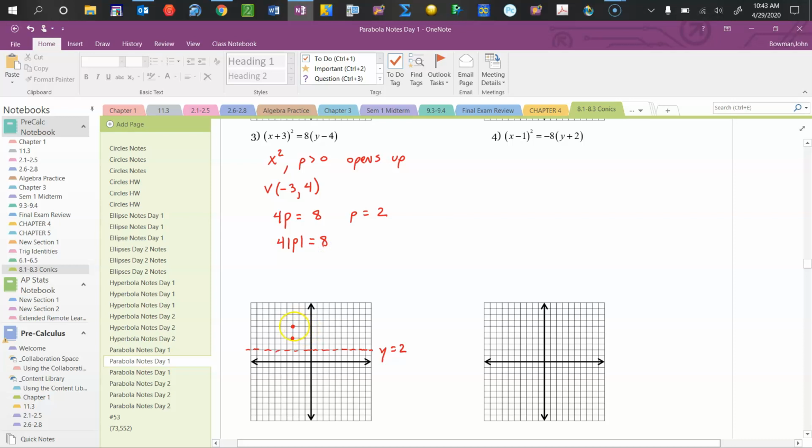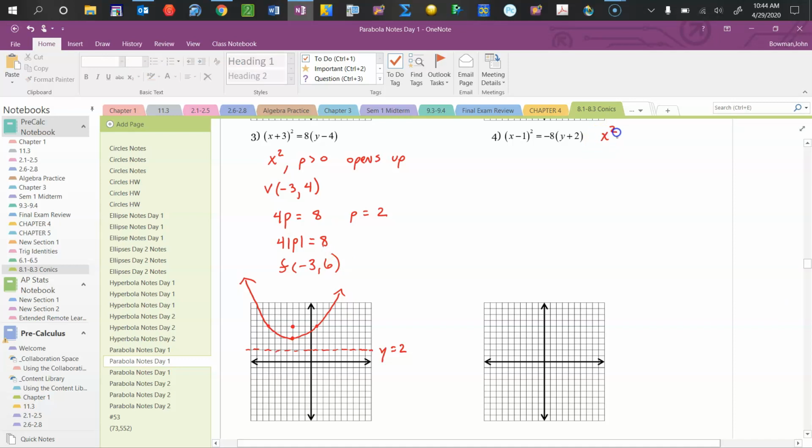So from my focal point, I go 4 units in each direction, 1, 2, 3, 4, 1, 2, 3, 4, and now I can accurately graph my parabola. I guess the one thing that I neglected here is to write down the coordinates of the focus. So the coordinates of the focus are going to be (-3, 6).